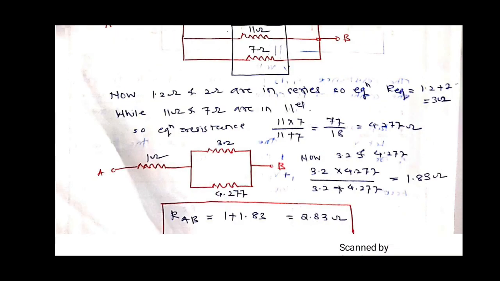Now again observe this diagram. Here 3.2 and 4.277 are in parallel combination. So use this formula: 3.2 into 4.277 upon 3.2 plus 4.277, and the total equivalent resistance is 1.83 ohm.